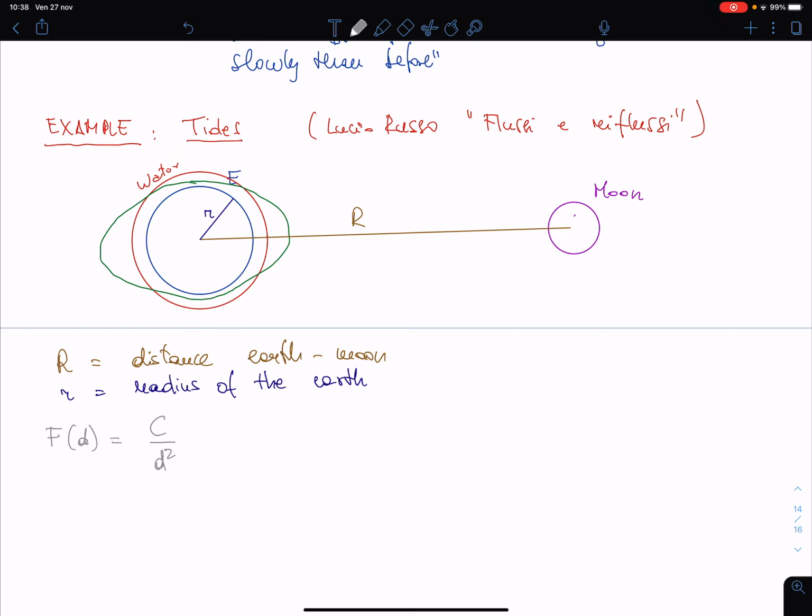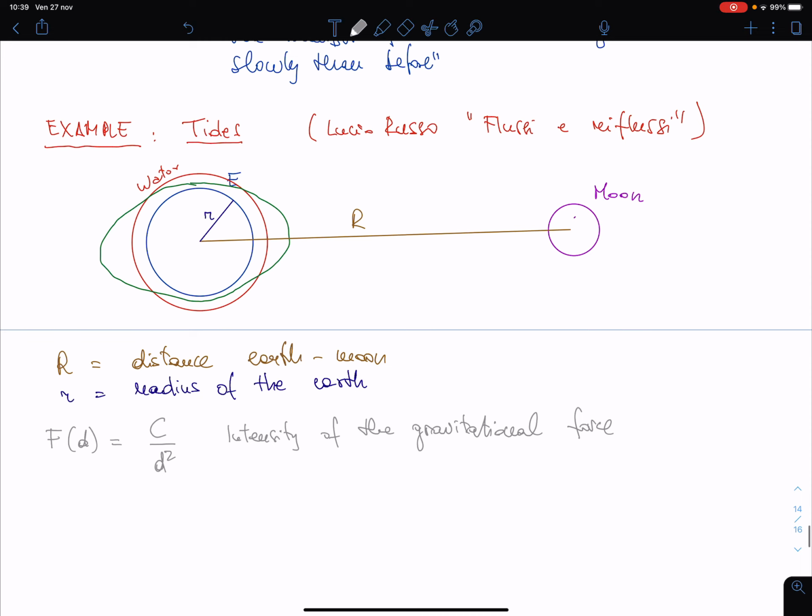And this is the intensity of the gravitational force between two masses at a distance d.